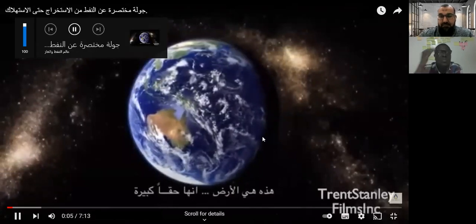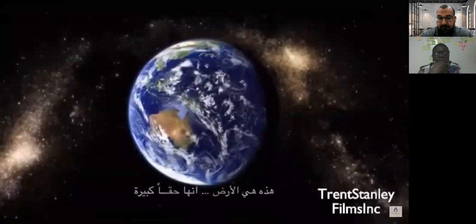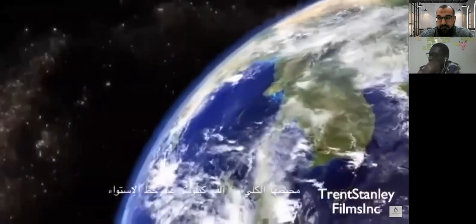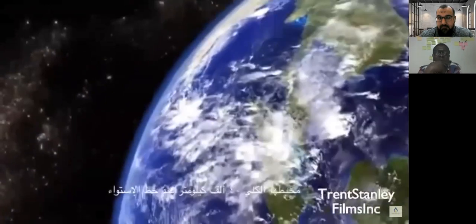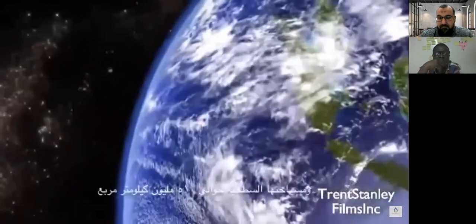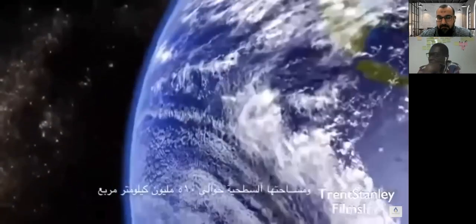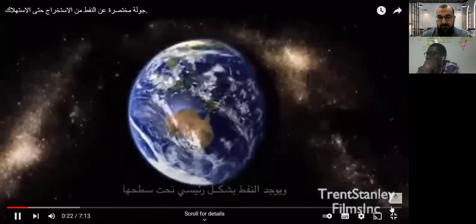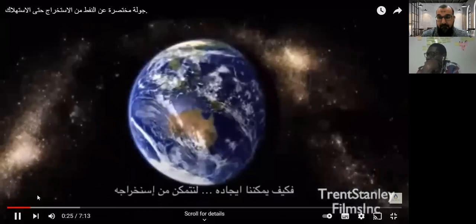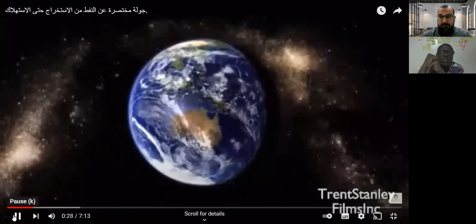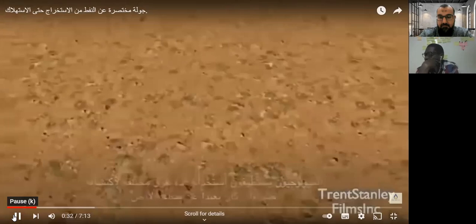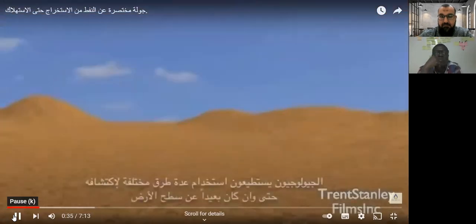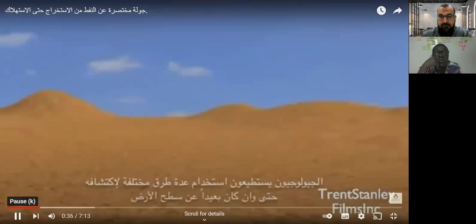This is the Earth. It's really, really big. It has a total circumference of 40,000 kilometers at the equator, and a surface area of 510 million kilometers squared. And the vast majority of petroleum is found underground. So how on earth do we find it in order to extract it? Geologists can use a variety of different methods to locate oil even when it resides deep beneath the Earth's surface.